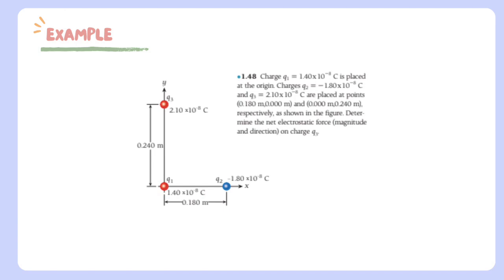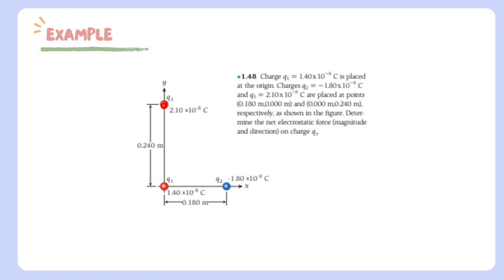So we have a charge Q1, which is at the origin, and we have charge Q2, which is negative 1.8 times 10 to the power of negative 8 at the x-axis. We have charge Q3, 2.0 times 10 to the power of negative 8 at the y-axis, and we want to find, as it says, as shown in the figure, the net electrostatic force, magnitude and direction, on charge Q3.